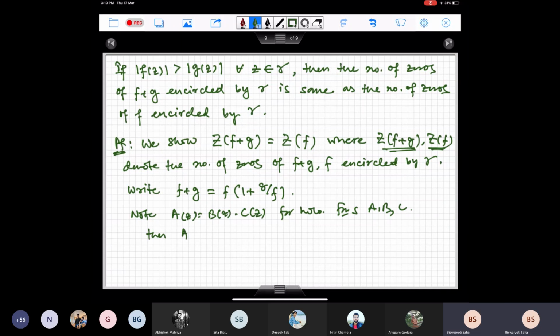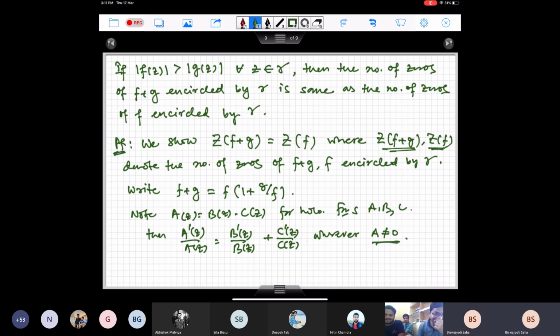Then I get a prime z divided by a(z) is nothing but b prime z divided by b(z) plus c prime z divided by c(z), wherever a is non-vanishing, so wherever a is not equal to 0. Or you can just take logarithm and then take derivative. Correct?